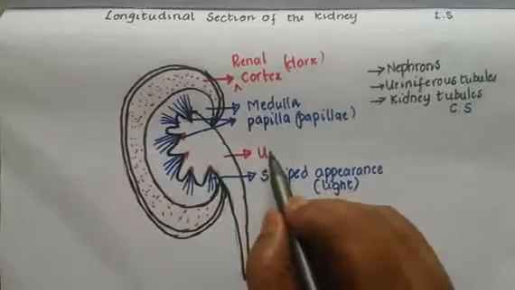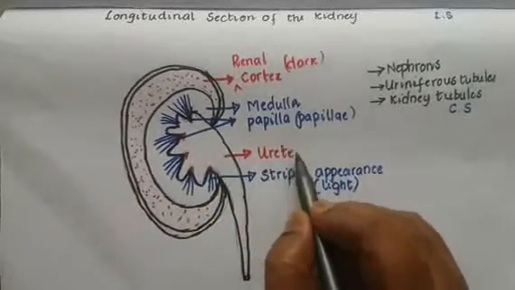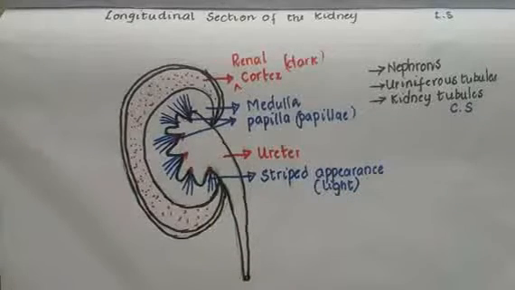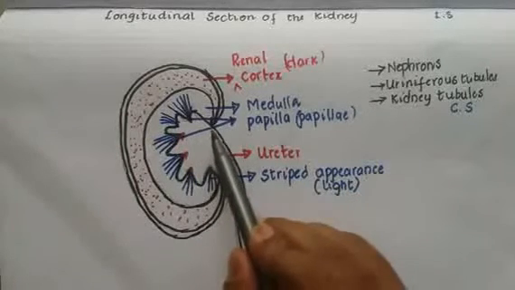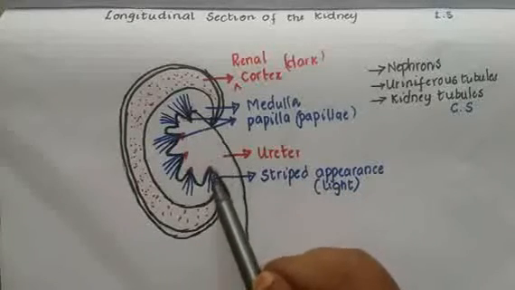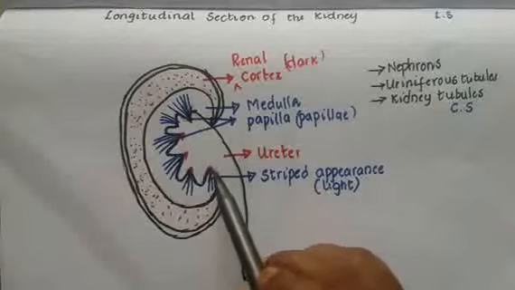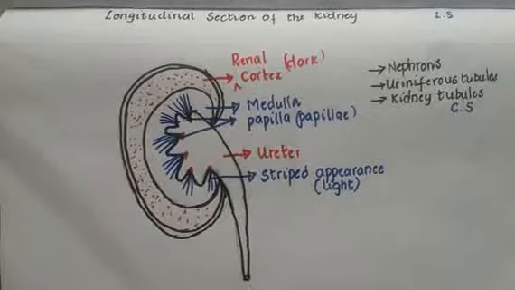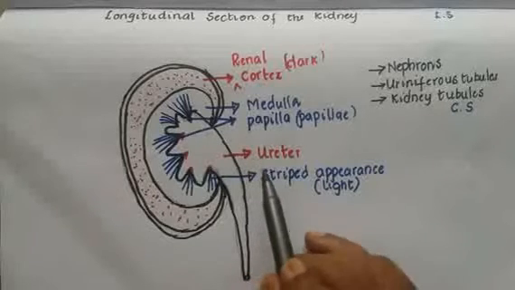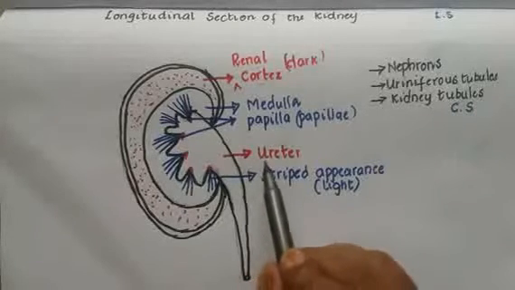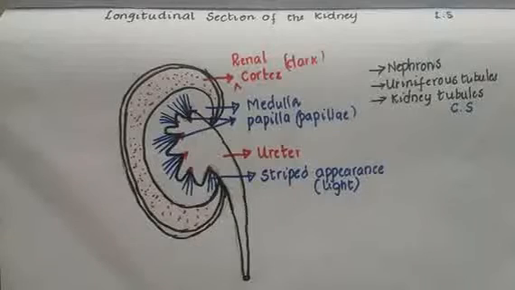Children, in the previous video we have learnt about the ureter. Ureters are tube-like structures arising from the notch of the kidney, that is the hilum of the kidney, which run downwards and open into the urinary bladder from the backside.